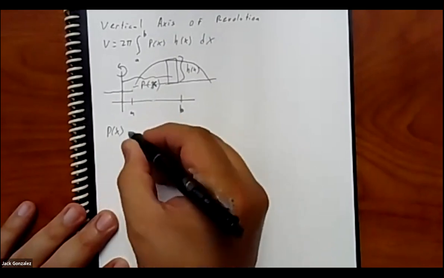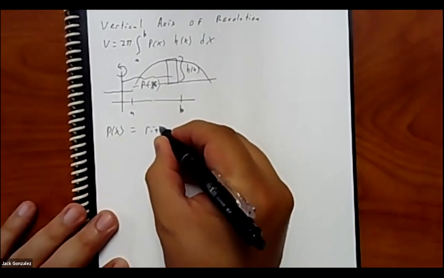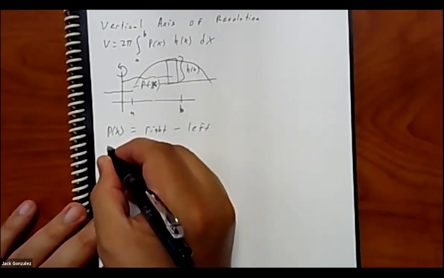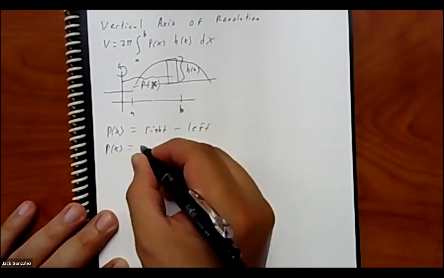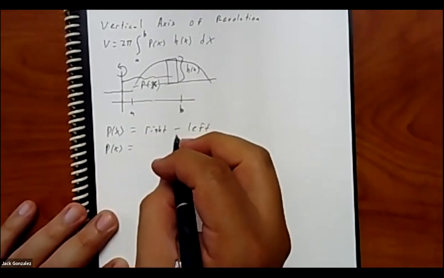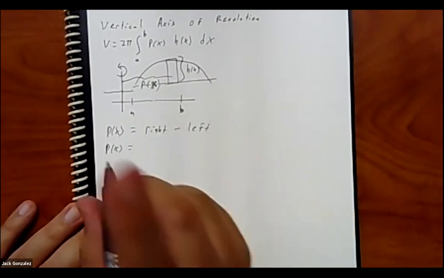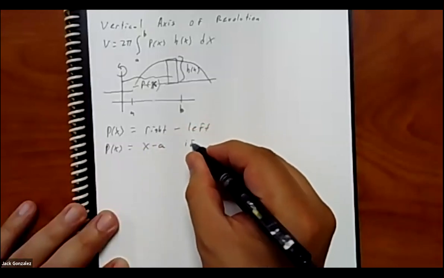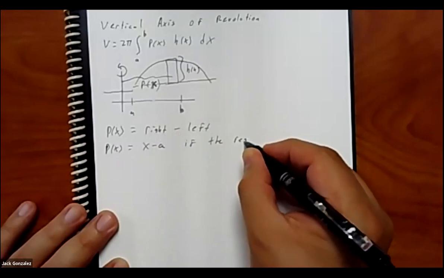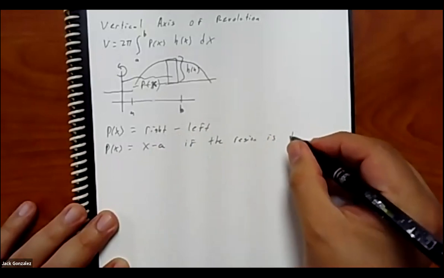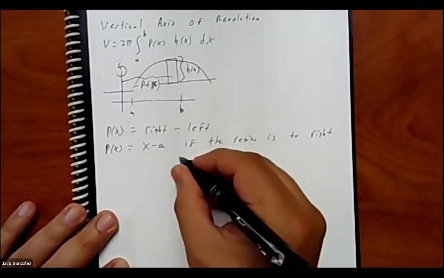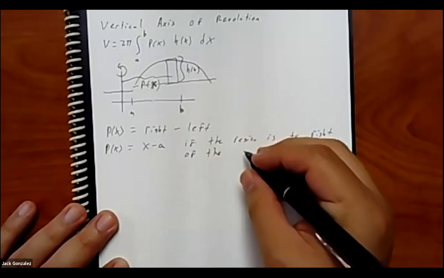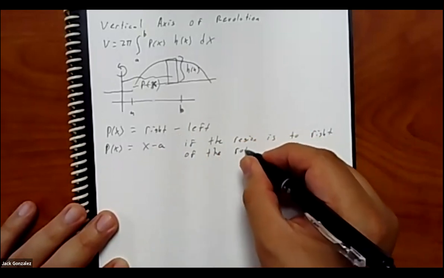Rho is equal to right minus left. Rho is equal to x minus a if the region is to the right of the rotational axis.